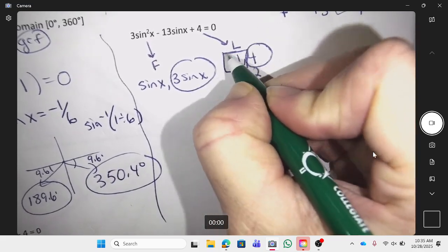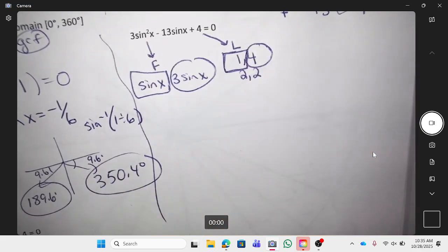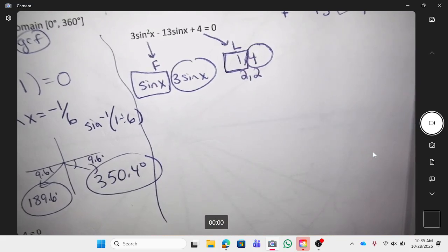12 and 1. 12 of those signs and 1 of them.